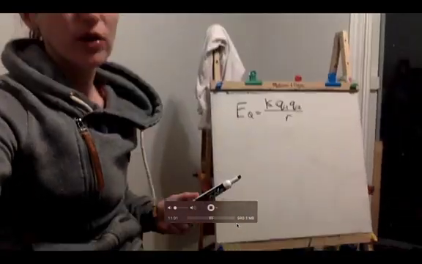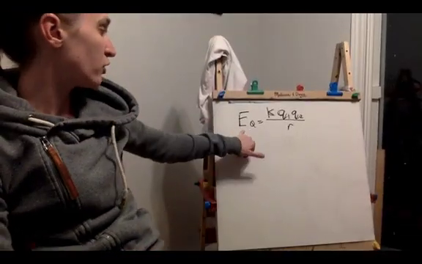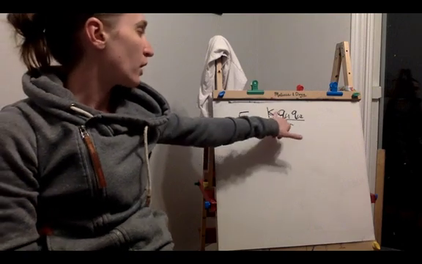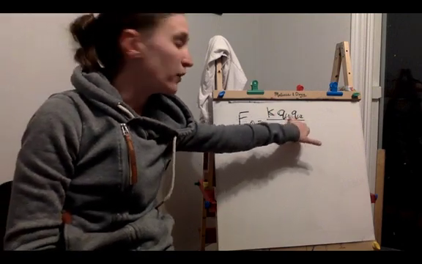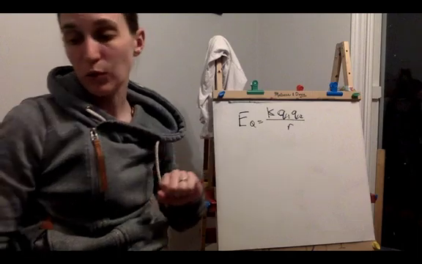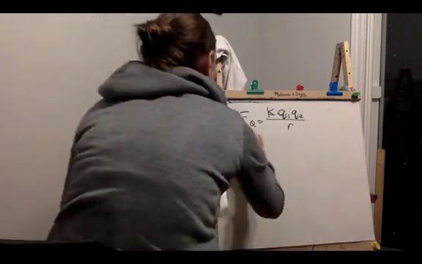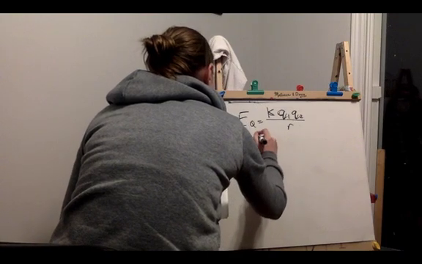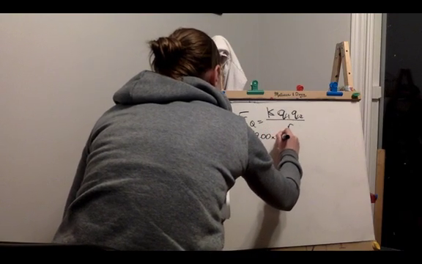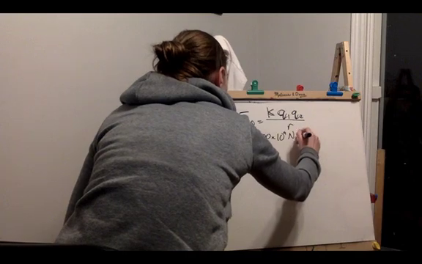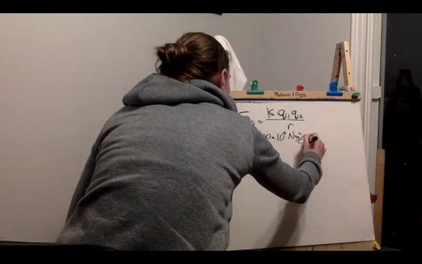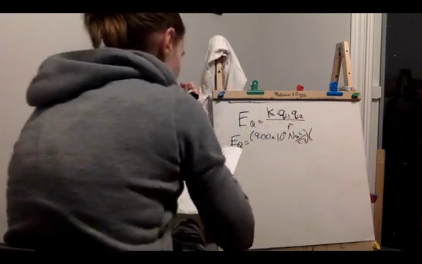So there's that formula: the electric potential energy equals Coulomb's constant, multiplied by the two charges, divided by the distance between them in meters. Coulomb's constant is 9.00 times 10 to the 9 newton meters squared per coulomb squared, multiplied by our two charges.